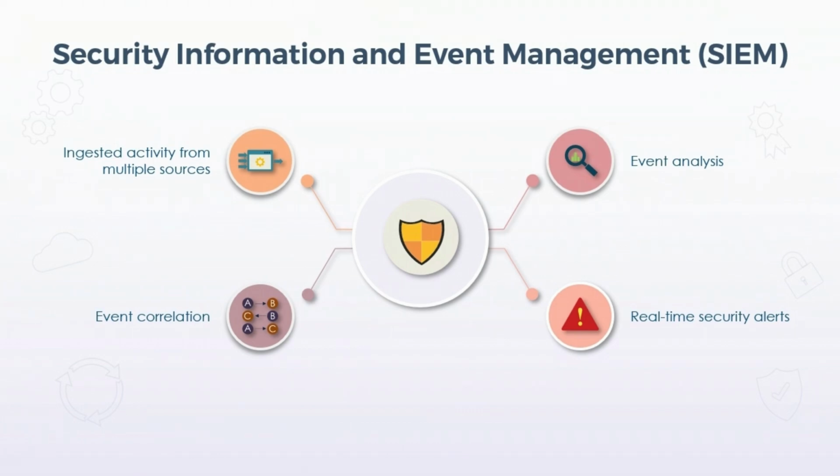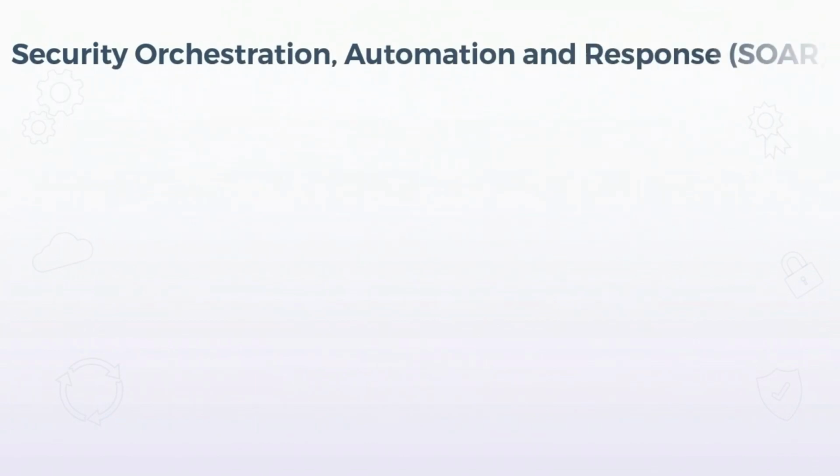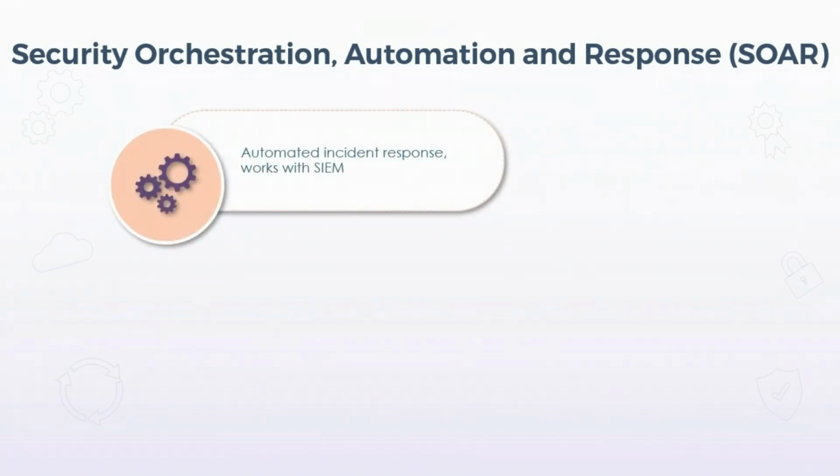Often these types of systems use machine learning to learn what is normal versus abnormal, what looks suspicious, in order to reduce the amount of false positives that are sent to cybersecurity analysts. What often goes hand in hand with that is security orchestration, automation, and response, otherwise shortened down to SOAR. The purpose here is incident response in an automated fashion.